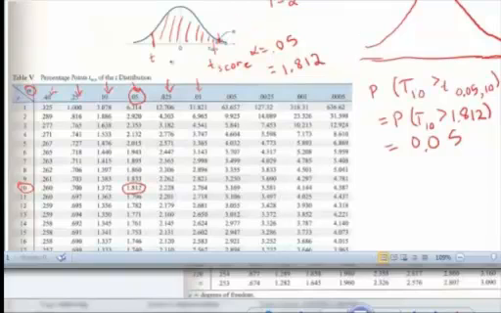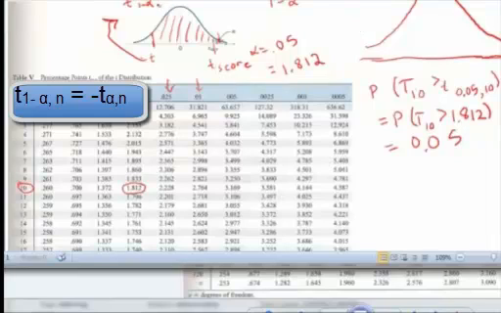So because of that, we can say this t-score on the other side is actually equal to t of 1 minus alpha with that number of degrees of freedom, and that's equal to minus t alpha n. So in other words, this t-score is related to this t-score through these equations.